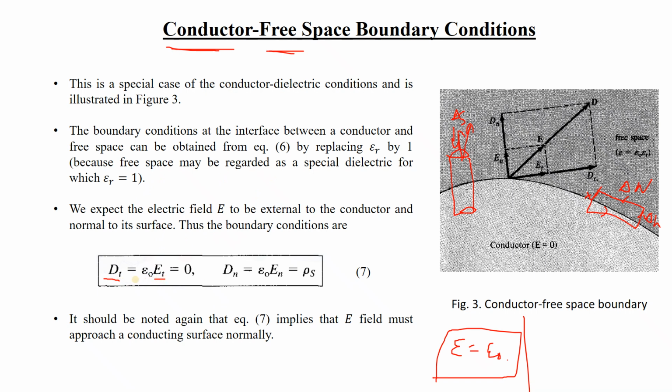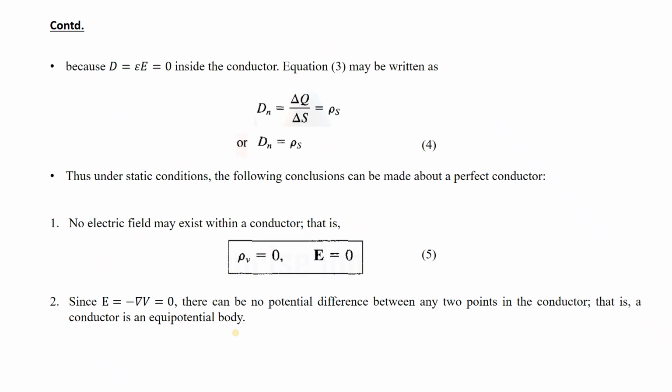That is why the tangential component of electric field intensity is 0, and the tangential component of electric flux density will also be 0. For the normal component, we have seen that the normal component of electric flux density equals the surface charge density.